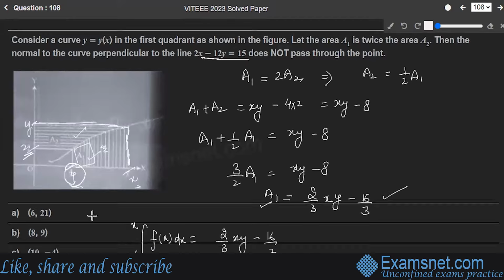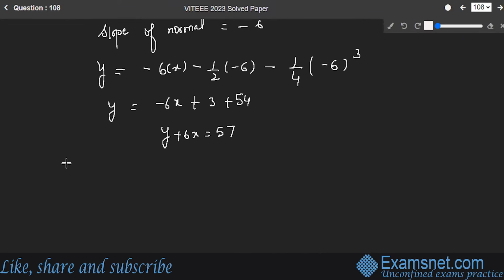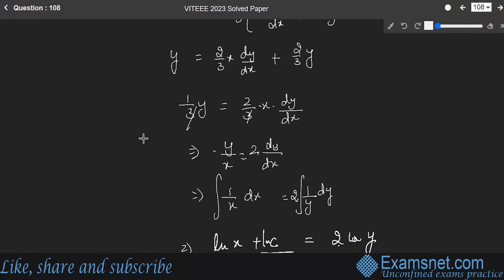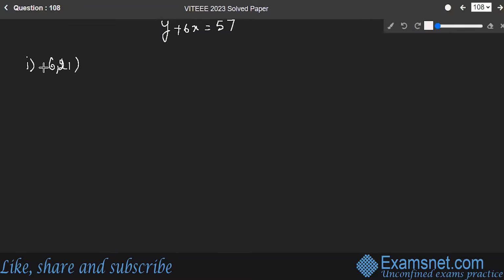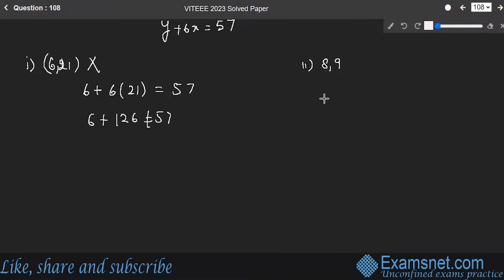First one is 6, 21. Second is 8, 9. So first, 6 and 21 it was. So 6 plus 6 into 21 should be equal to 57. That makes 6 plus 126, which is of course not equal to 57. So this is wrong, sorry, I did this wrong.